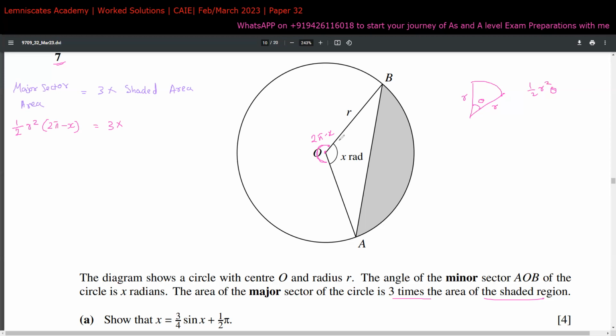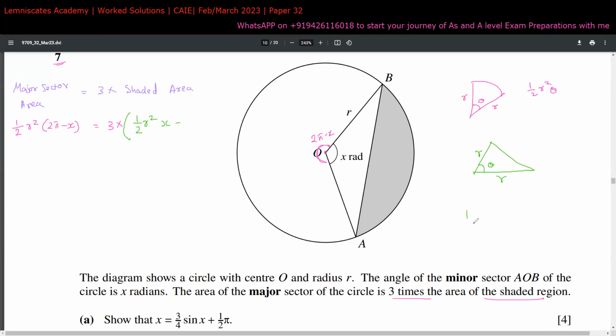Now for this shaded region, what we can do is, from the area of the whole sector, if we take away the area of the triangle, we'll be left with the area of the shaded region. So what's the area of the minor sector? It's half, same radius so r square, and the angle this time is x, so it's x, minus, how do you find out the area of a triangle like this, with angle theta and sides r and r?